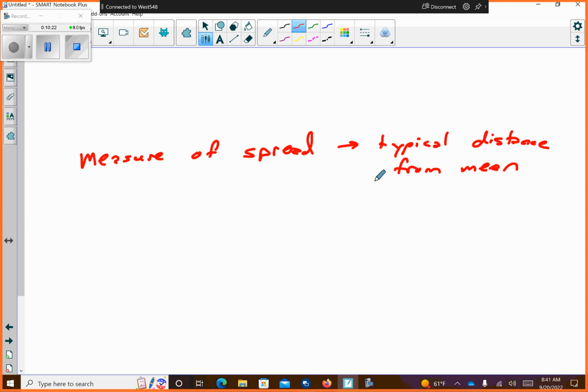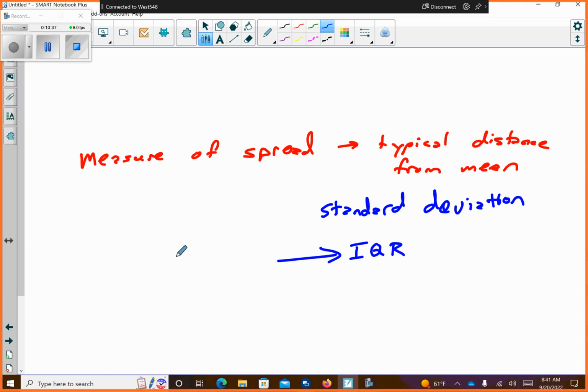The two that we will use are standard deviation and IQR. Okay, these are different. So this is the middle 50% of our data.